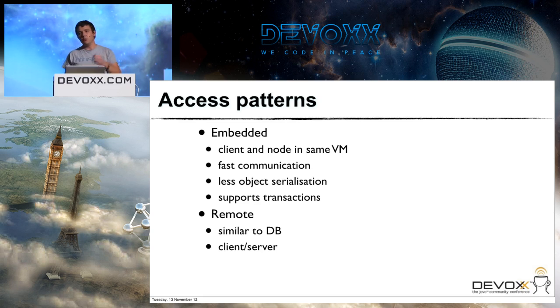You have clients opening TCP connections to it, running queries, and so on and so forth. Functionally, the embedded clients can make more use of the grid. Things like transactions are not as well supported for remote clients. Just as a side note.